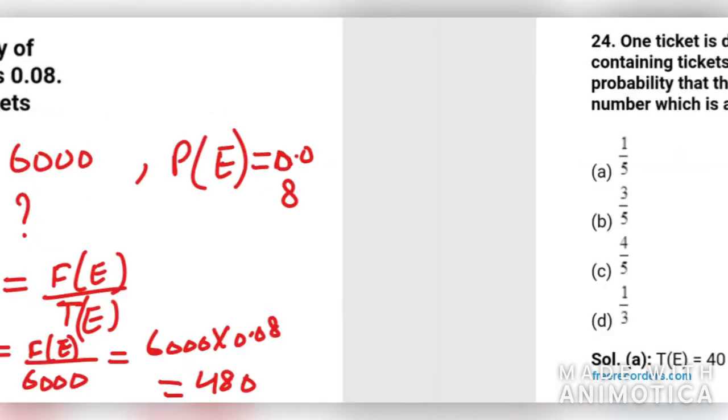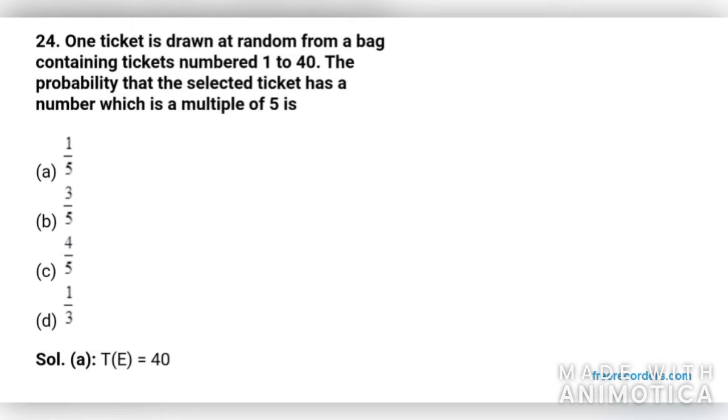Let's move on to the next one. It says one ticket is drawn at random from a bag containing tickets 1 to 40. That means TE in this case is 40. The probability that the selected ticket has a number which is a multiple of 5.